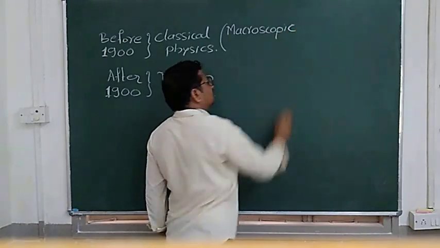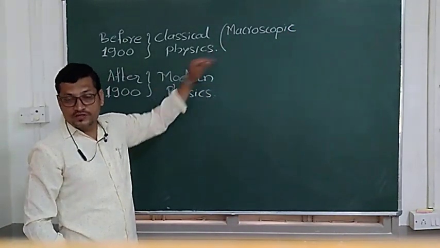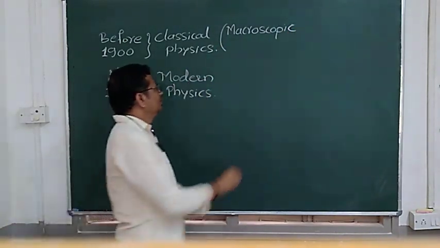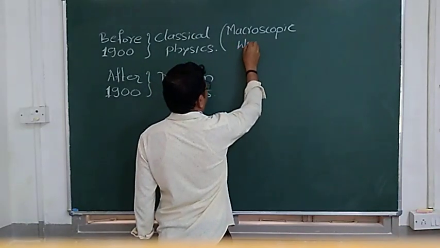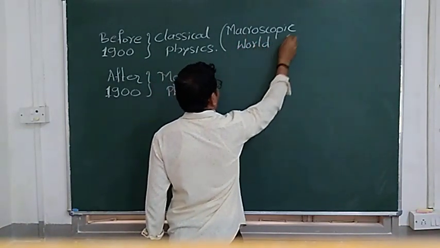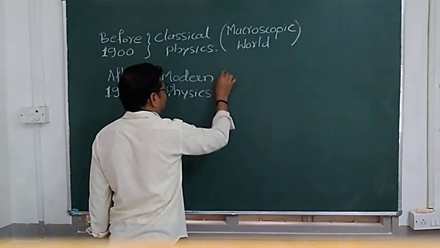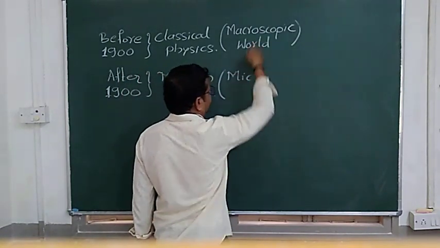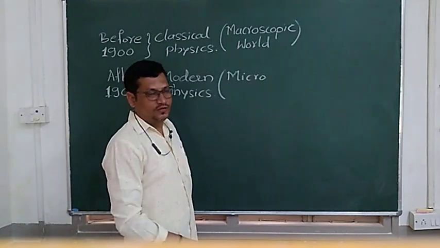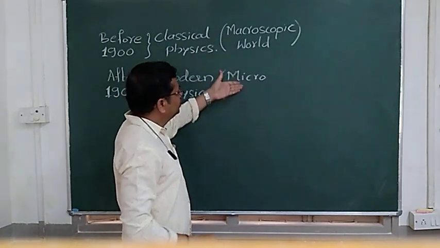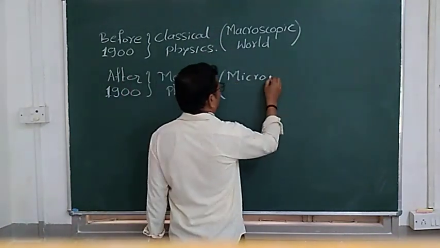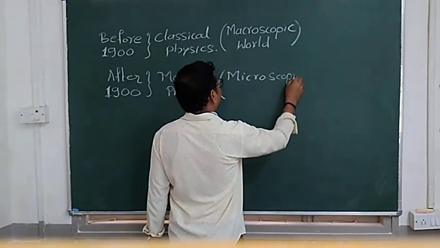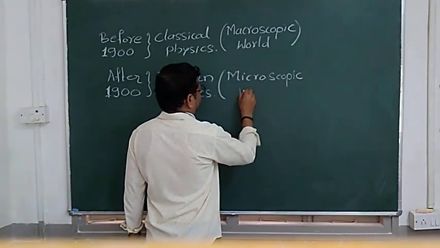I already told you what is macroscopic, okay, word. It is related to macroscopic word, and the other is related to, same again, microscopic. Same means not copy and paste. If it is macro, then it should be microscopic word.